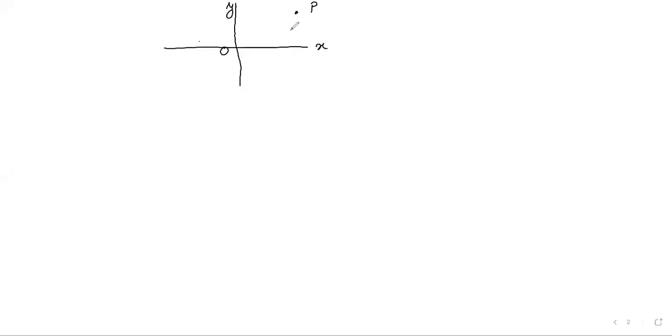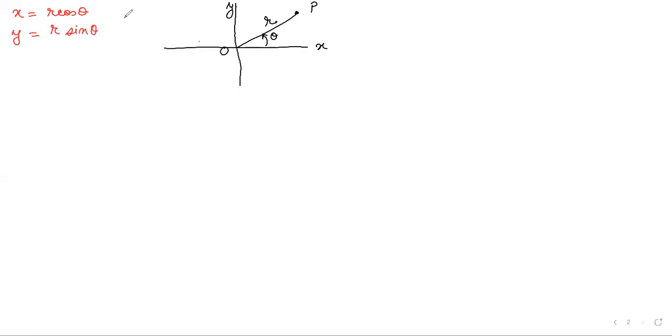Now let us consider the transformation between rectangular coordinates and polar coordinates in a plane. The polar coordinates are given by r, and this angle is theta. So what is the relation between the rectangular coordinates and the polar coordinates? The relation is given by x equal to r cos theta, y equal to r sin theta.